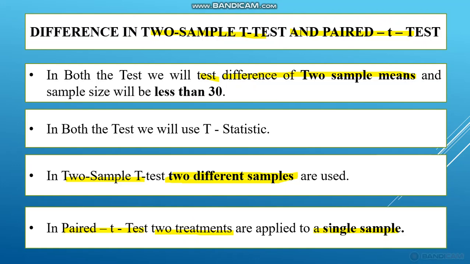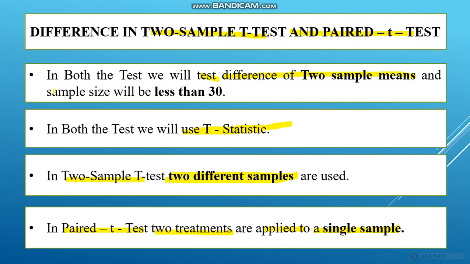In the two sample t test we will have two different samples. In the paired test we will have only a single sample, but we are applying two treatments to the single sample. In both tests we will use the t-test statistic, and this is common between the two sample t-test and the paired t-test.